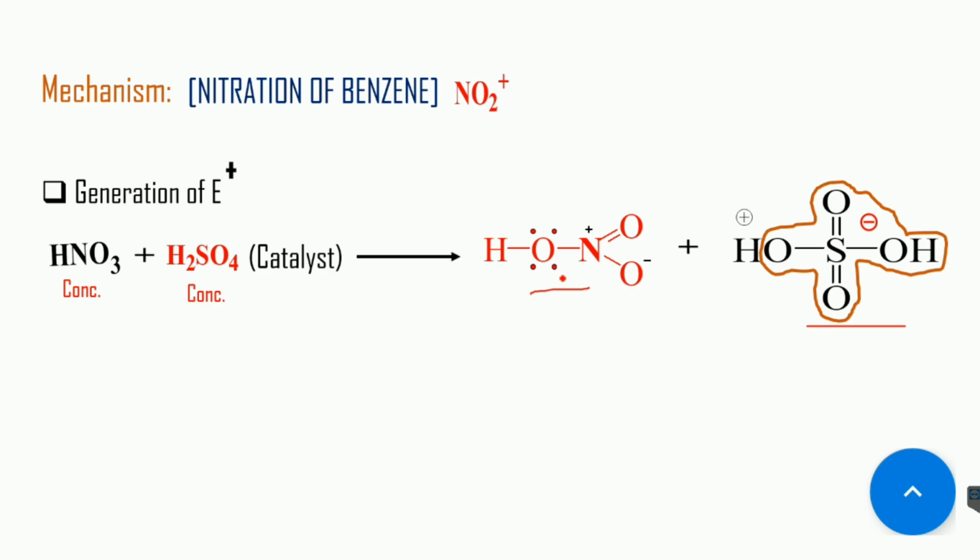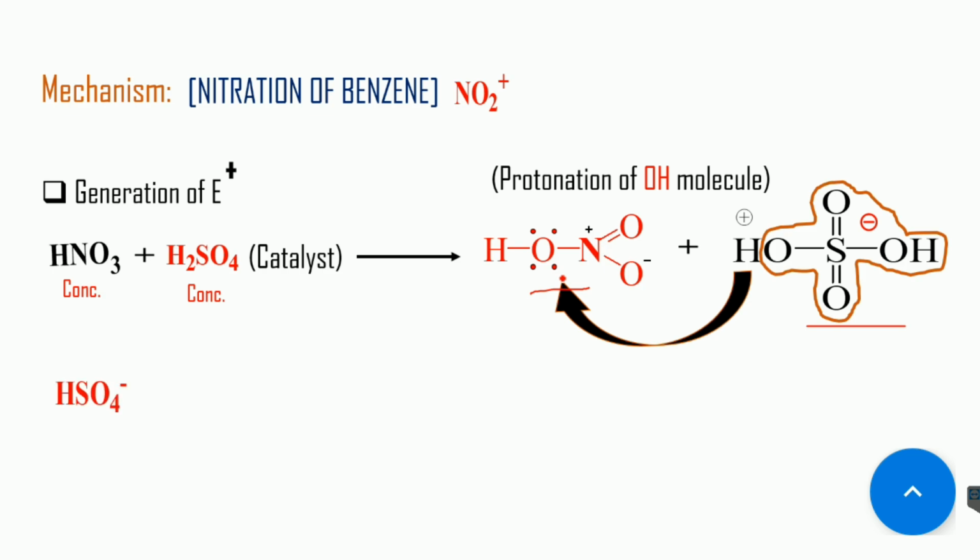This H plus will go for protonation of this OH group. So finally we get different ionic species: HSO4 minus, the remaining part of this H2SO4, and this H plus, which will go for protonation of this OH and try to attach with it.